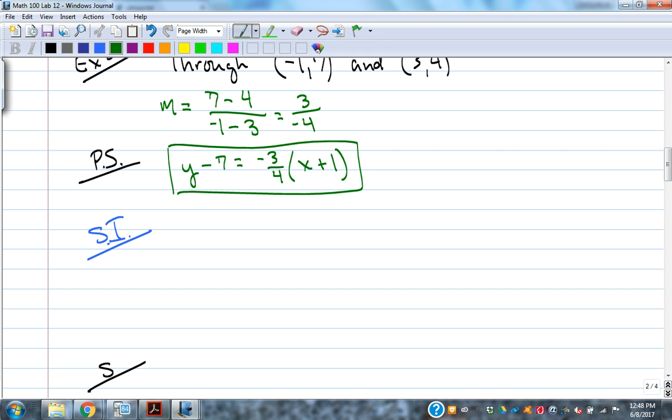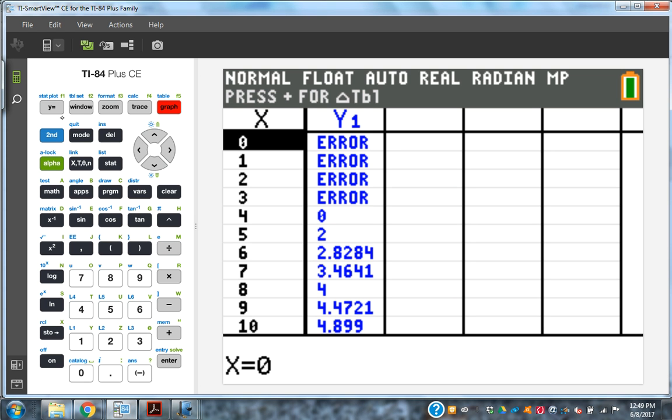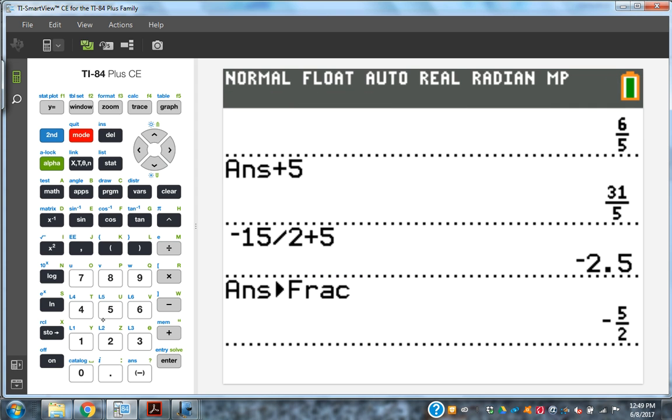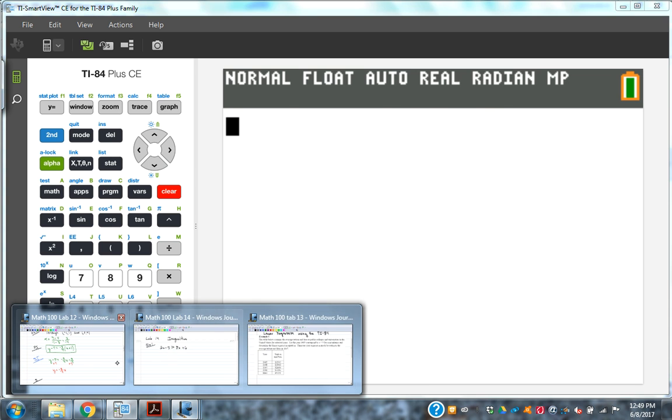And then we need to get that in slope intercept form. So y minus 7 equals negative 3/4 x minus 3/4. I'm going to add 7 to negative 3/4. Whoops, there we go.